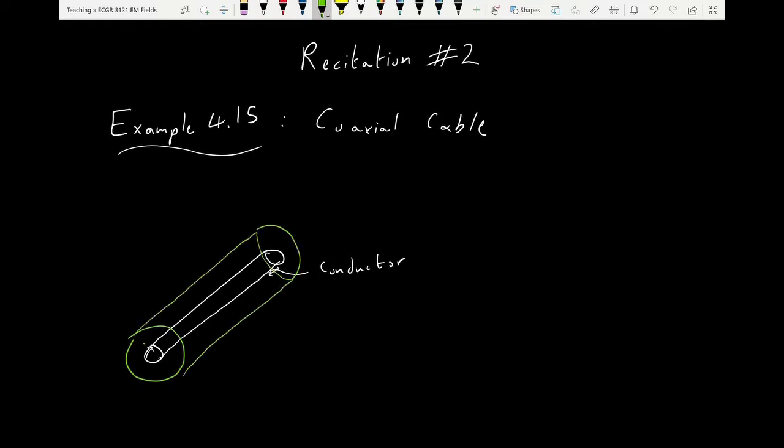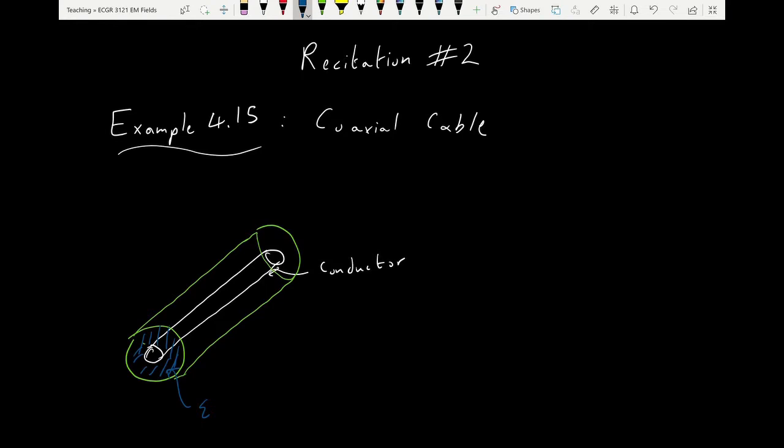It could be any length. And then in the middle, there is some dielectric material, right? So some dielectric material with a certain epsilon is sandwiched between those conductors.